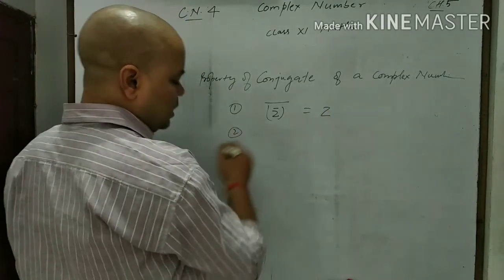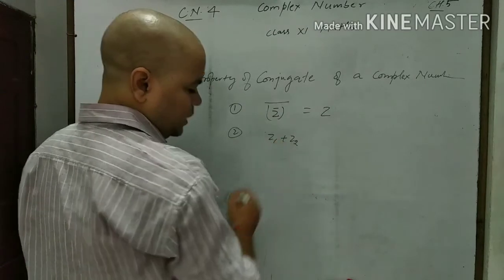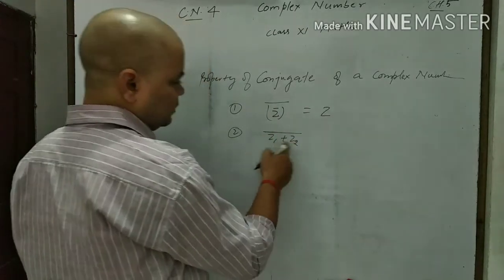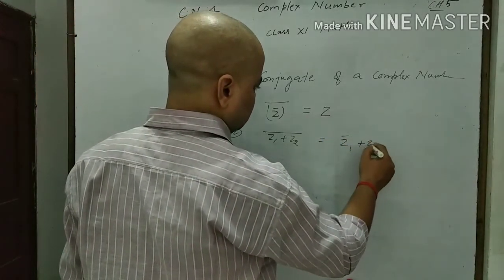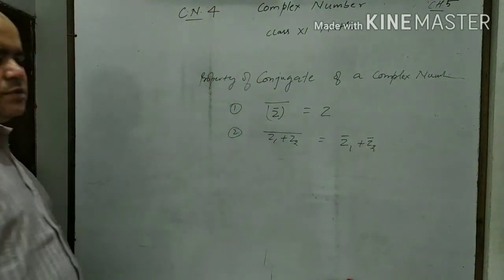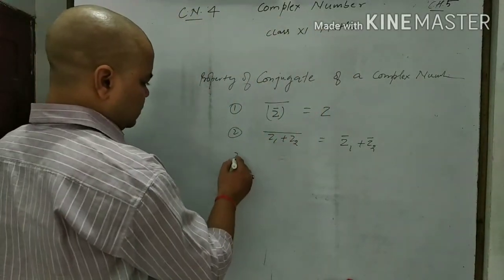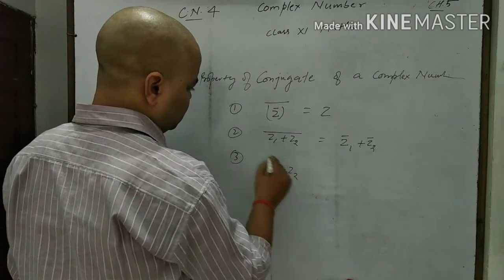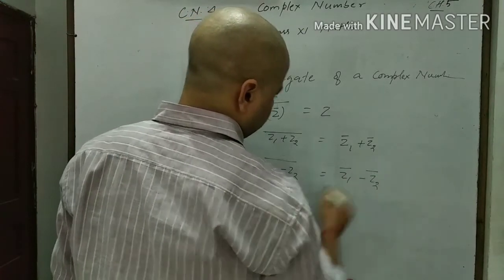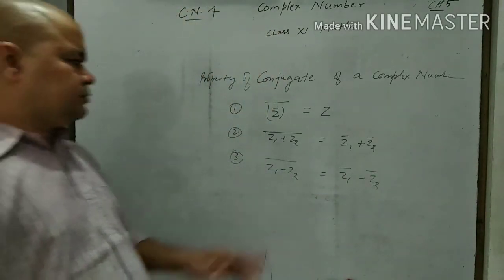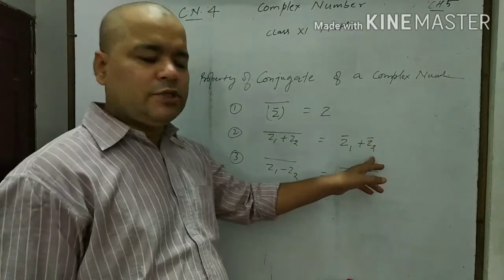The second, if we have two complex numbers z1 and z2, then conjugate of z1 plus z2 is equal to conjugate of z1 plus conjugate of z2.